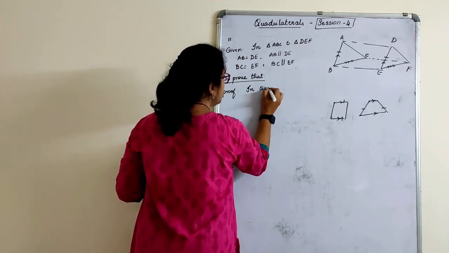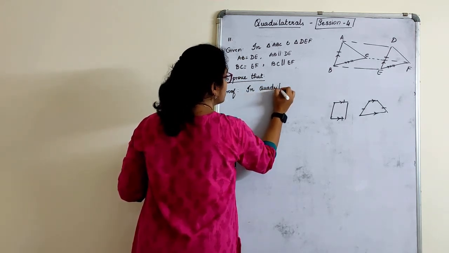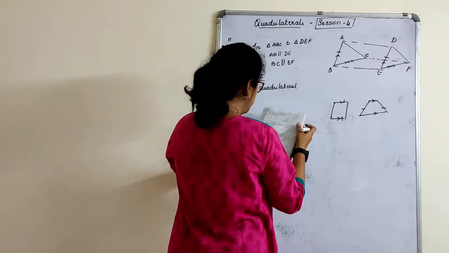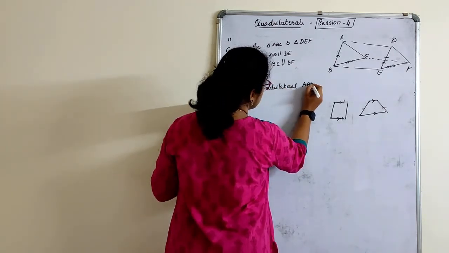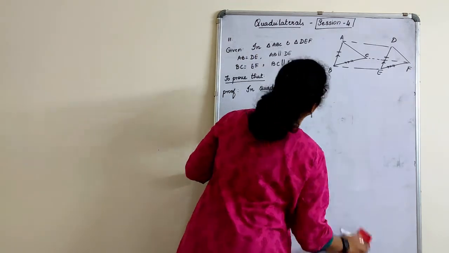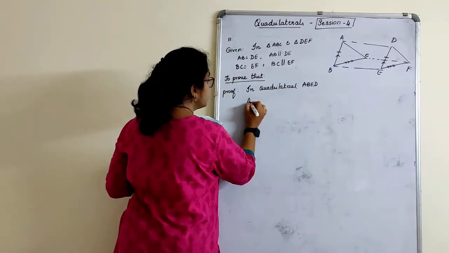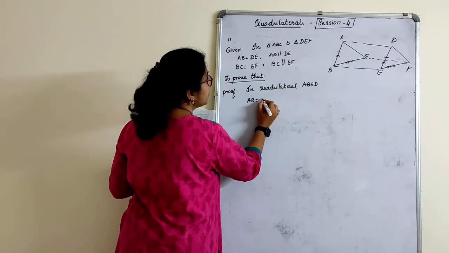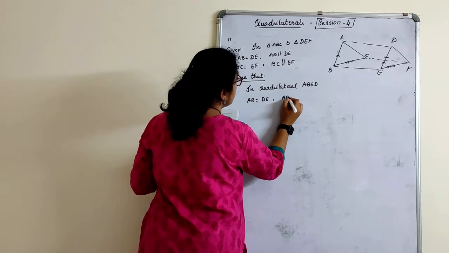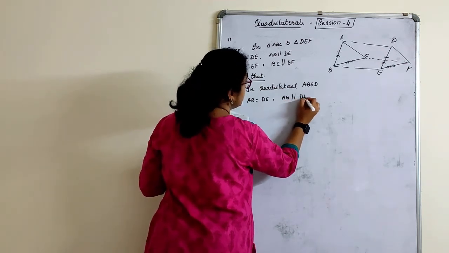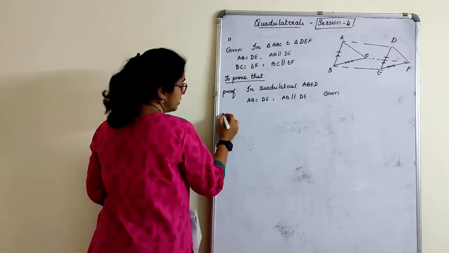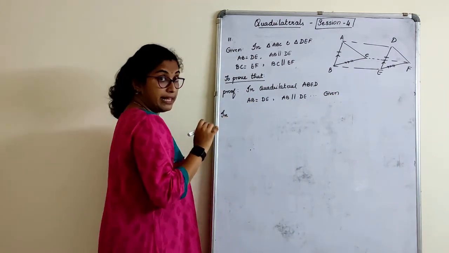In quadrilateral ABED, AB is equal to DE and AB is parallel to DE, given.